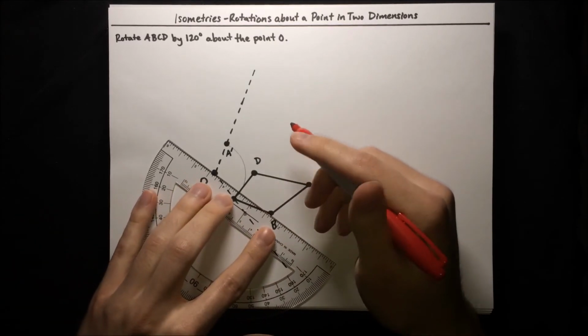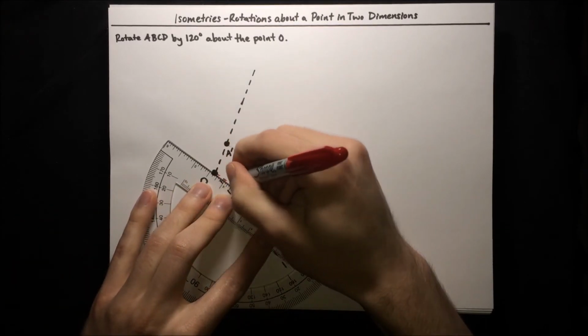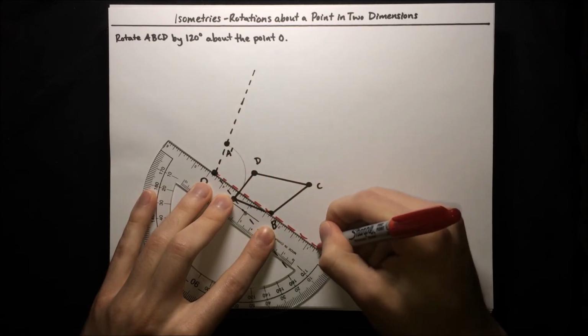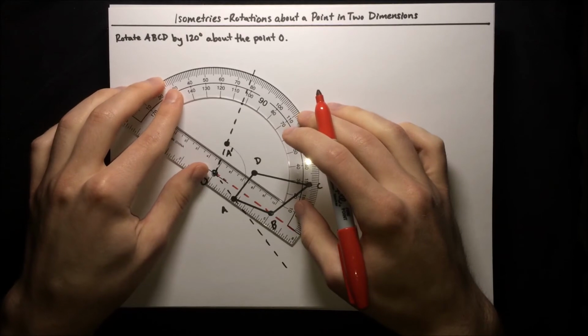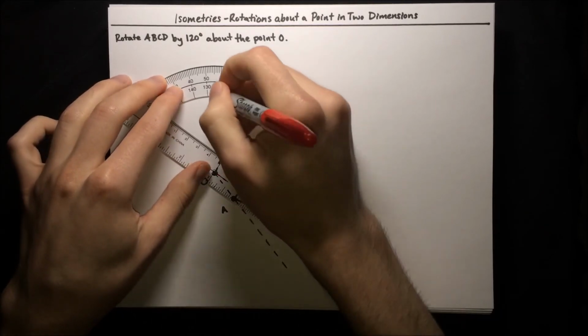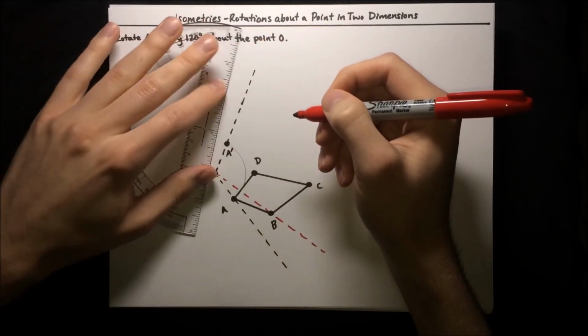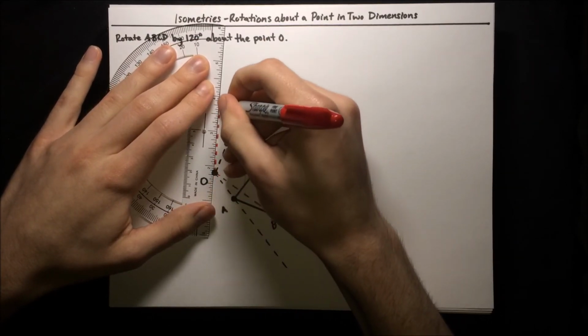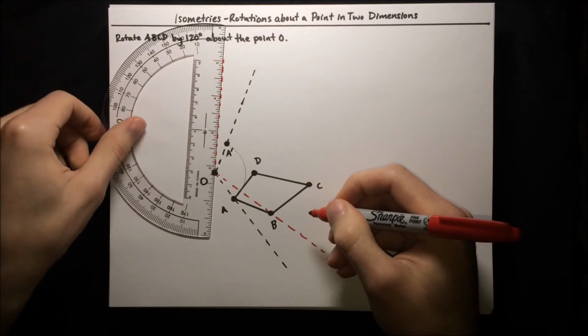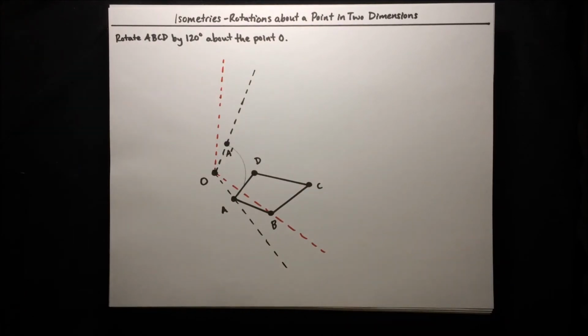So let's get B. Let's get that ray for B and get our 120 degrees. Line it up. Here's 120. Let's put our other side of the angle here. And then we'll figure out where does B go on that angle.